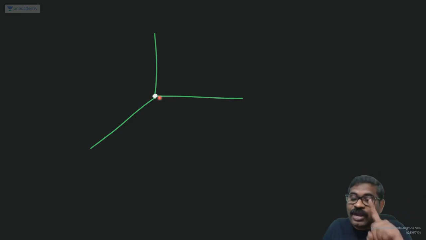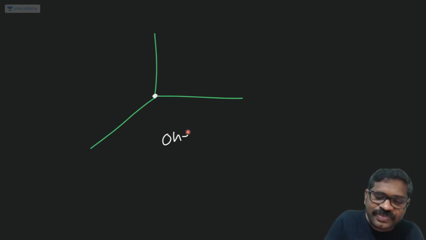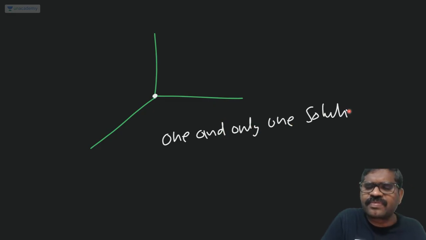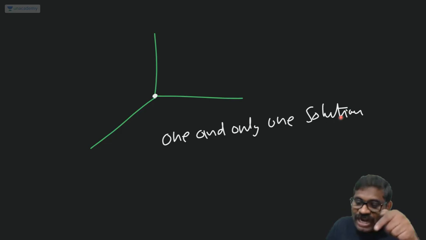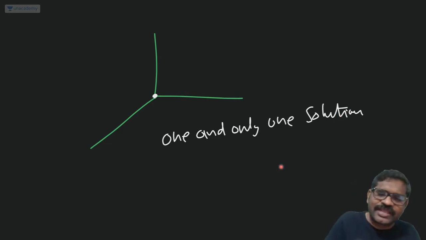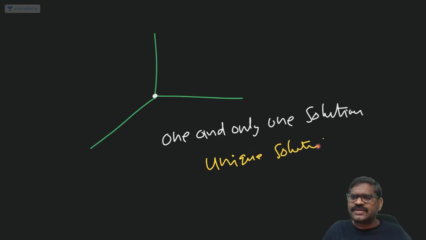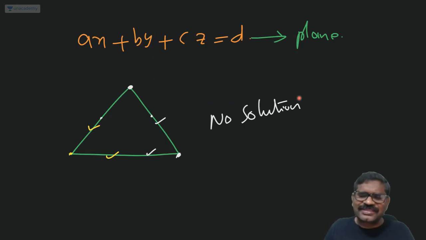One and only one point of intersection is nothing but one and only one solution. That one and only one solution is nothing but unique solution. That is the geometrical meaning of unique solution. This is no point of intersection, that's why no solution. That is called inconsistent system.